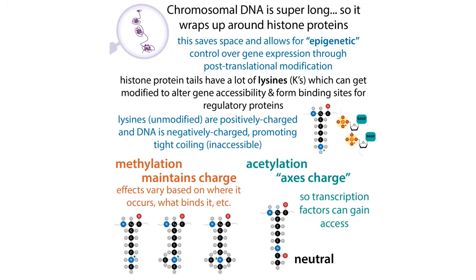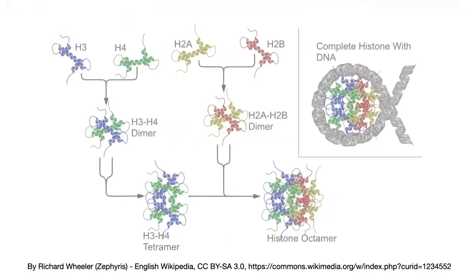There's lots of different lysines, as well as what else is around it and where it's located and all sorts of complicated things, but that's a big area of research, these histone modifications. When we talk about histone modifications, we're talking about modifying the lysines in the histone proteins that the DNA is wound around. And this is one form of epigenetic modification, genetic information that's on top of the original sequence of DNA.